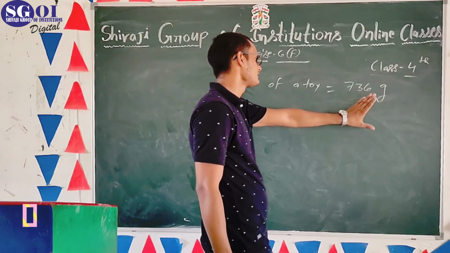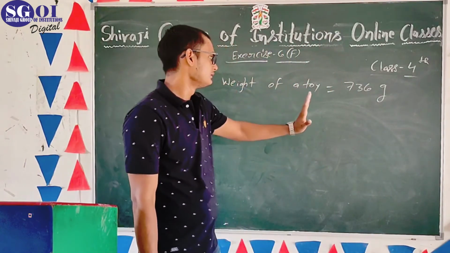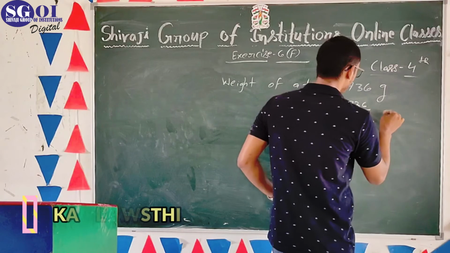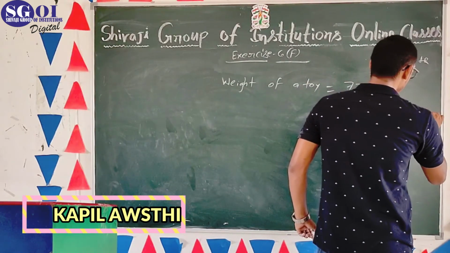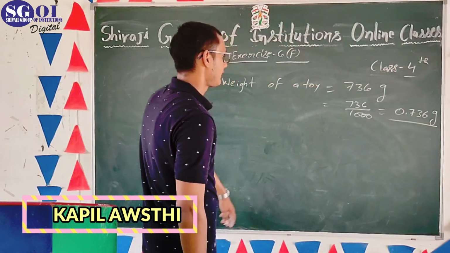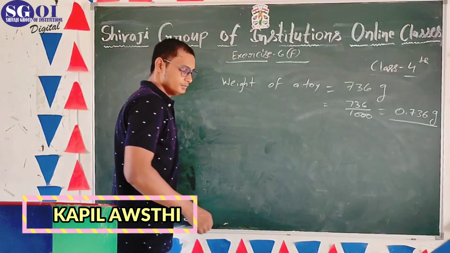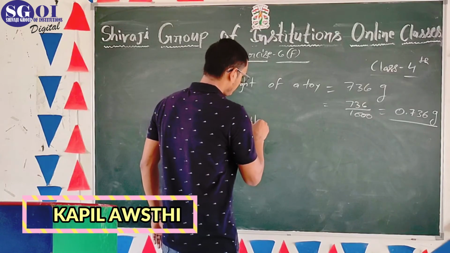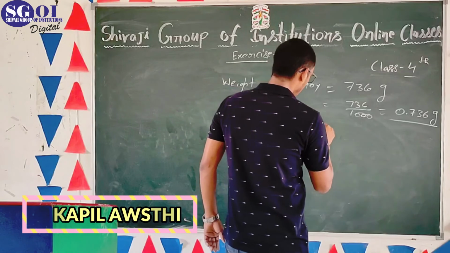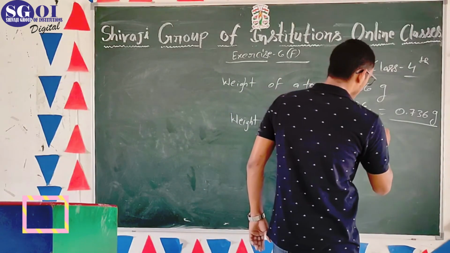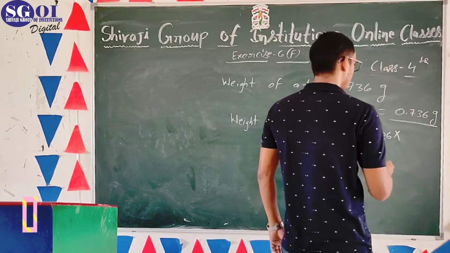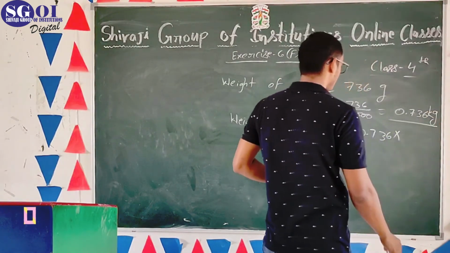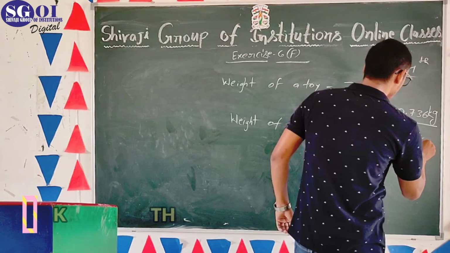When we change grams into kilograms, we divide the number by 1000. 736 divided by 1000 is equal to 0.736 kilograms. Next, the weight of 250 such toys is equal to 0.736 multiplied by 250.